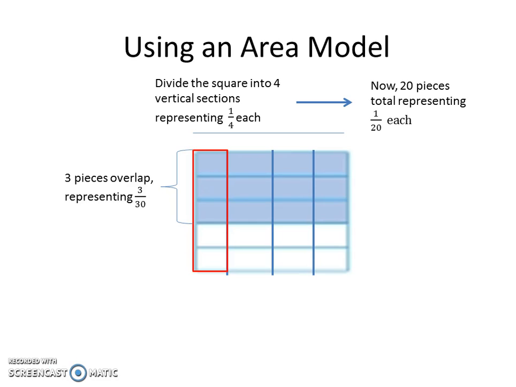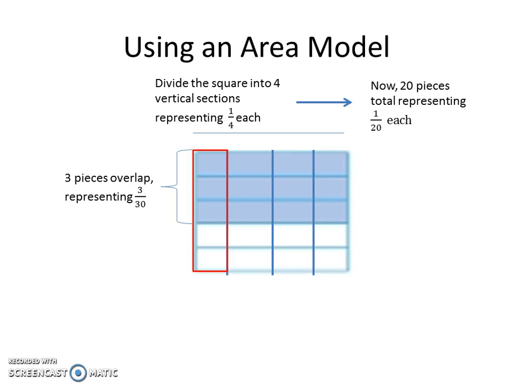Now there are 20 pieces, each representing 1/20th of the square.